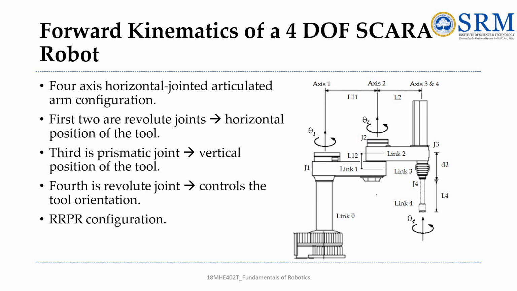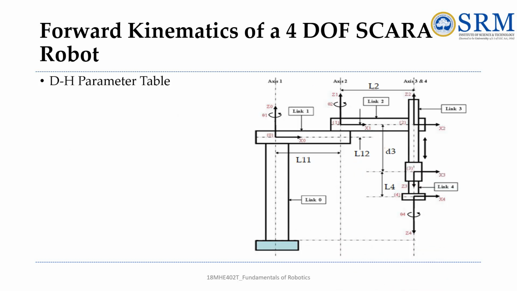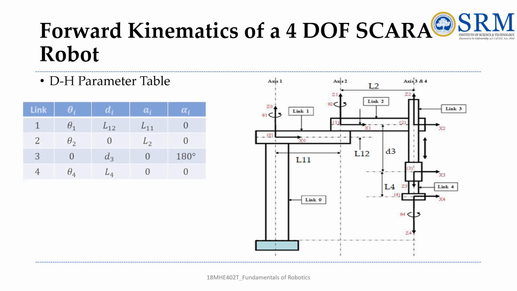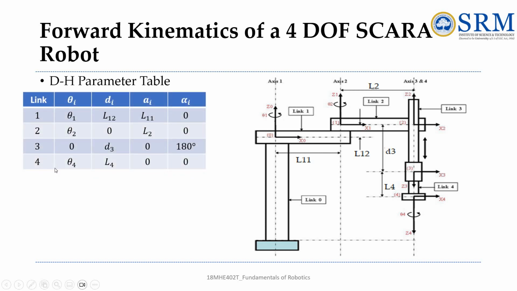Okay, next, for forming this DH parameter table, you need 4 parameters: theta, that is the offset d, the link length a, and alpha. So you could see the axis here. So the axis of rotation along the x-axis and z-axis we have to check, right? So first, we have the RRPR configuration.